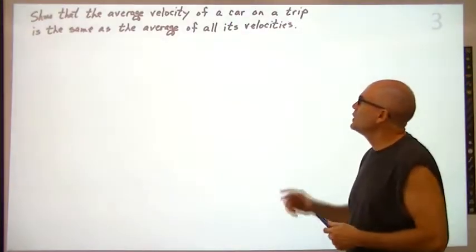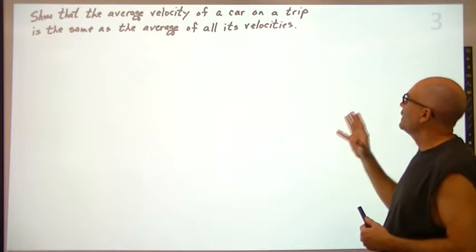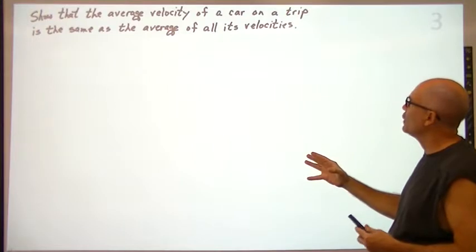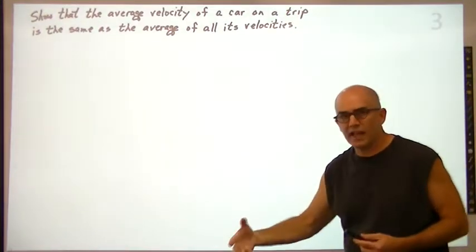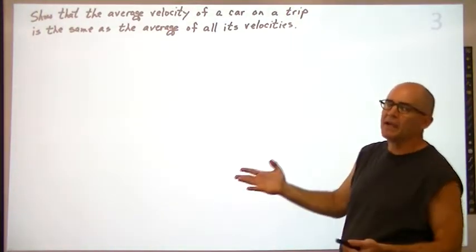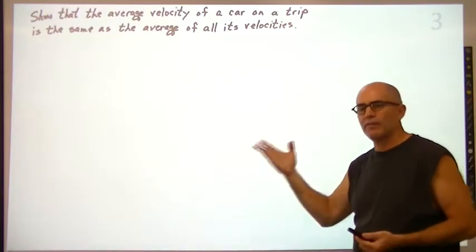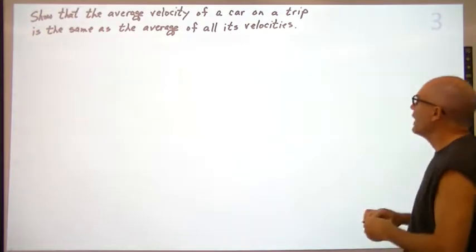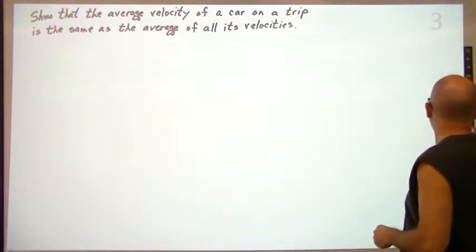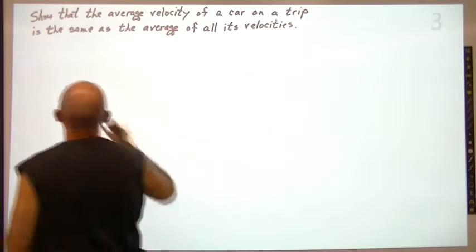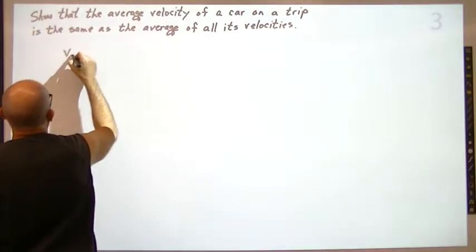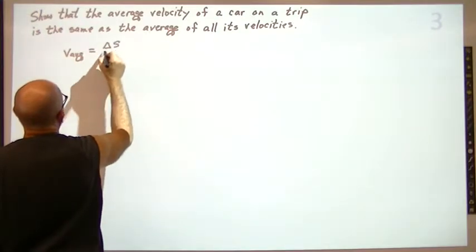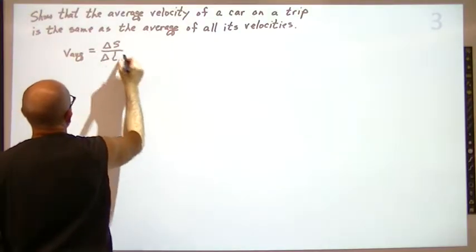Now, what we want to do here is show that the average velocity of a car on a trip is the same as the average of all its velocities during the entire trip. So we're basically proving the mean value theorem for integrals on this car trip. So the average velocity of a car is the change in displacement divided by the change in time.